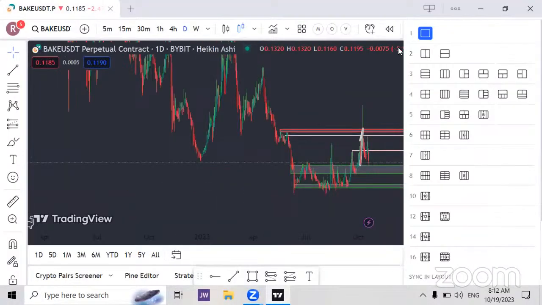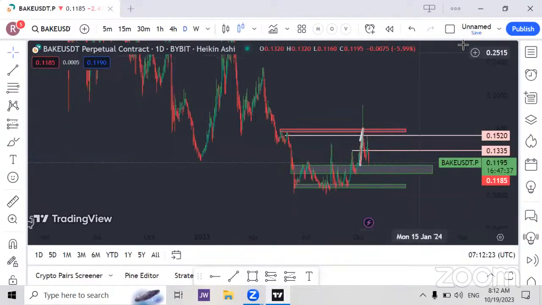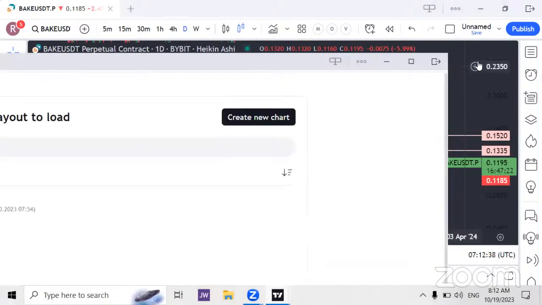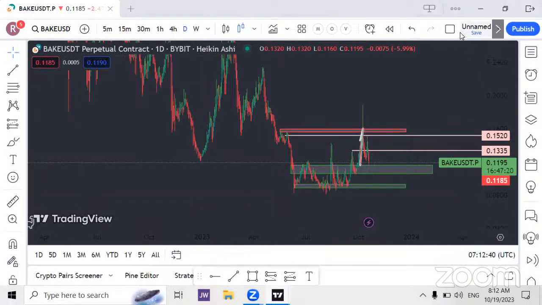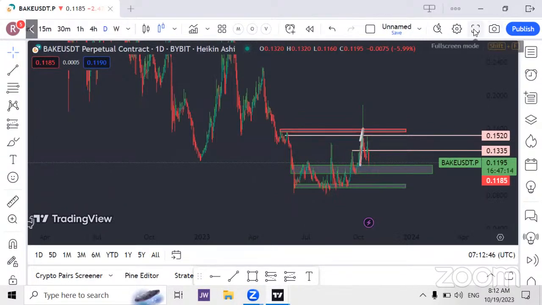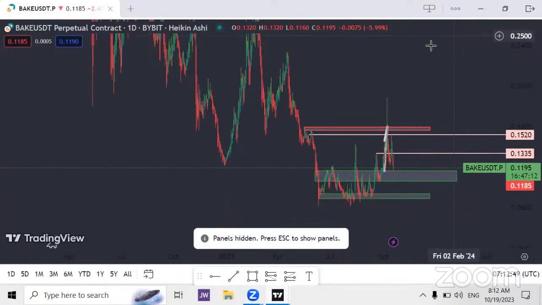Okay, I'm coming. You are using the TradingView app, right? Yes, I'm using TradingView app. Hover over where it says the name, there is an arrow. Click on it, it will reveal. Yeah, that is a full screen.